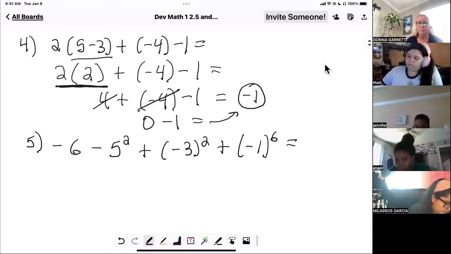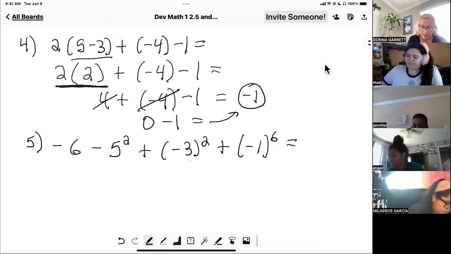So parentheses first. Well, they're all exponents. There's no simplifying in parentheses. They're all simplified. Like here, that's parentheses, but it's simplified. That's parentheses, but it's simplified. So basically, the parentheses is done. It's all simplified. So we're going to go right to the exponents.